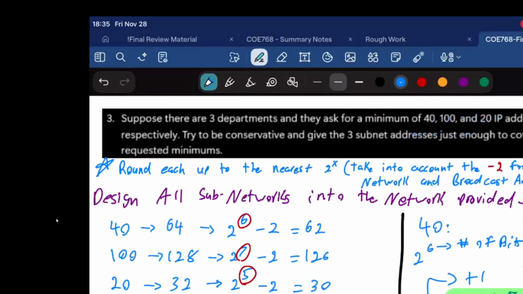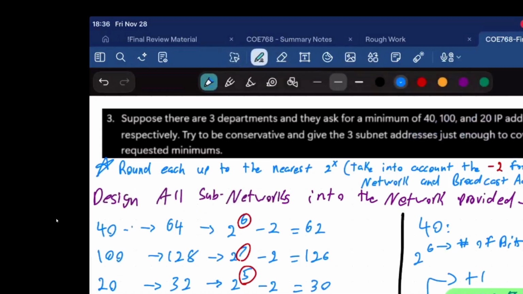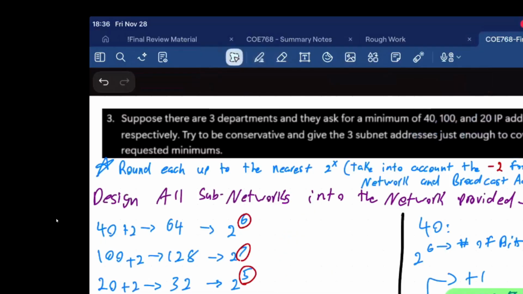So you're saying to do plus two, then you round up, and therefore you won't need to do this minus two afterwards. Exactly. So that is much better actually. Thanks for the idea. No worries.